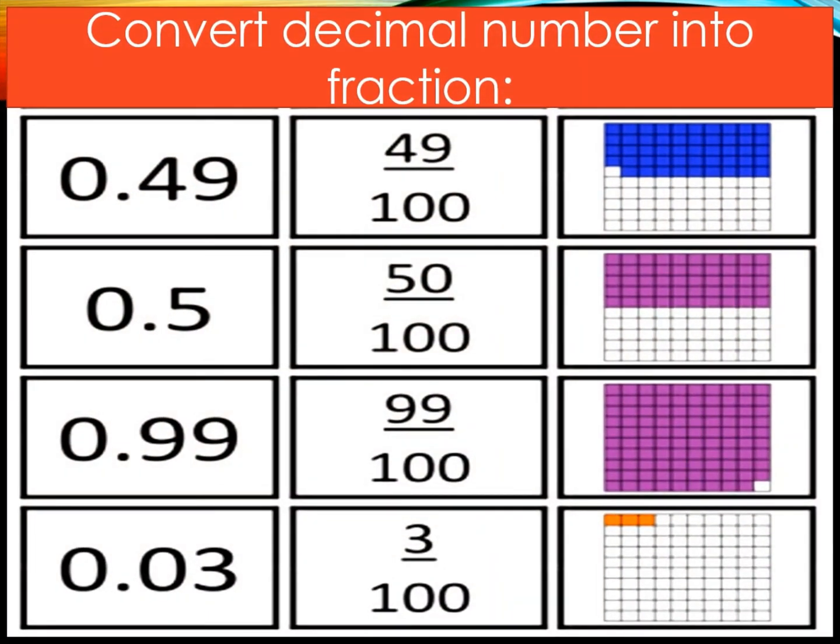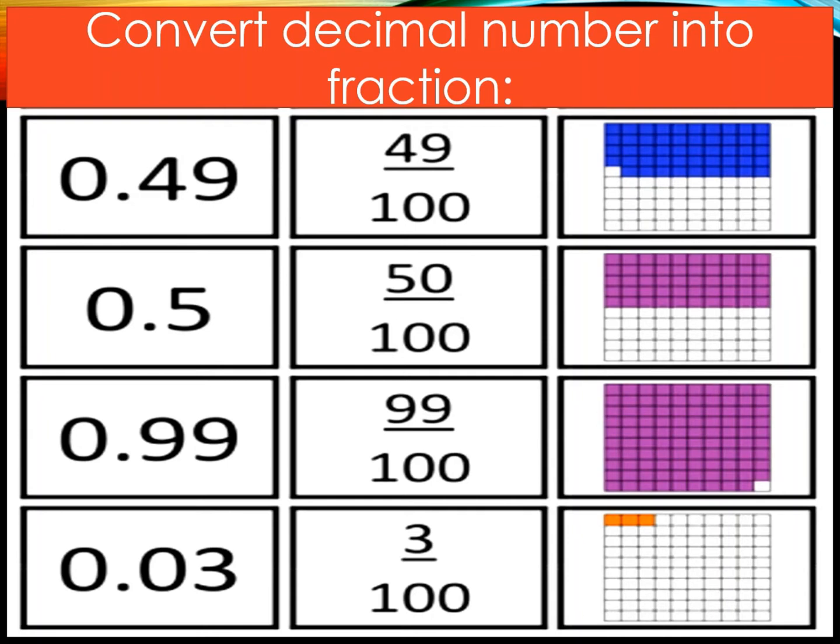Convert a decimal number into a fraction. How shall we do it? There is a number 0.49. From the right hand side, there are two decimal places, that is 10th and 100th.